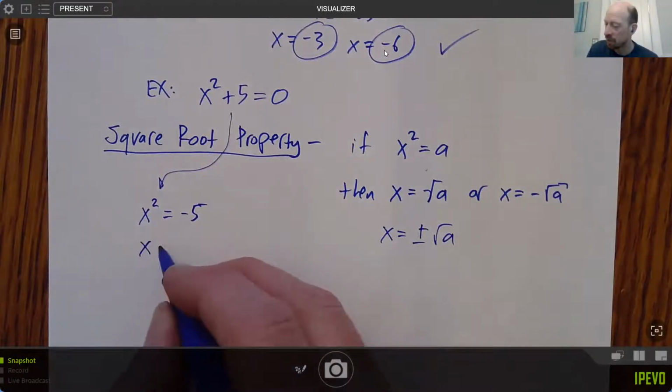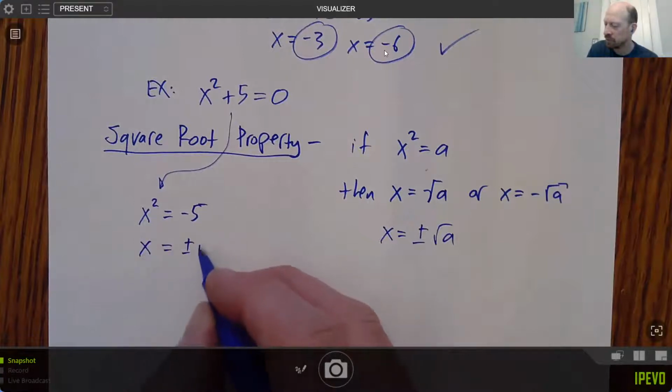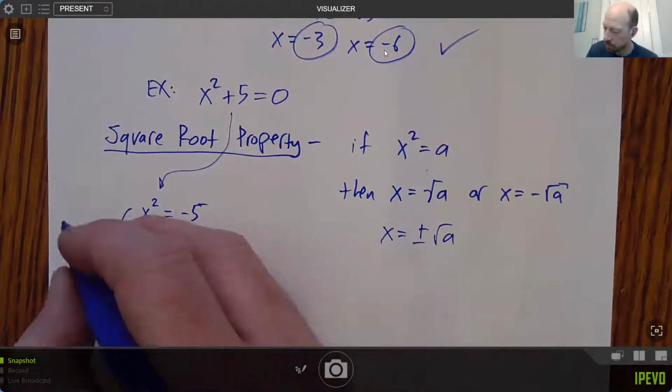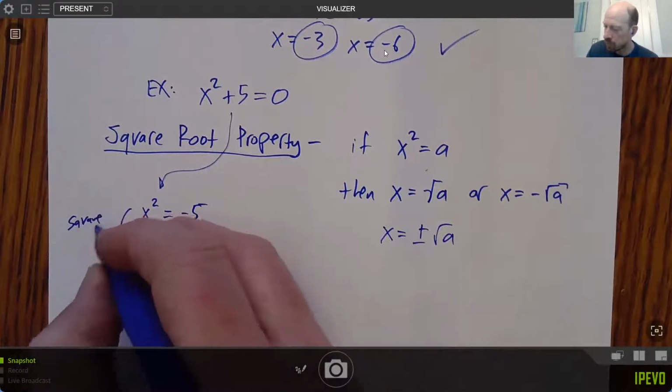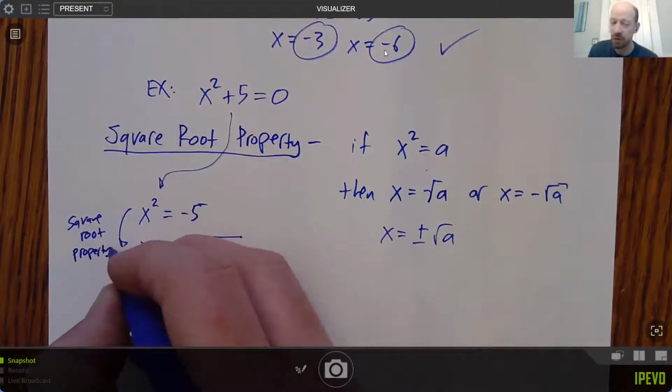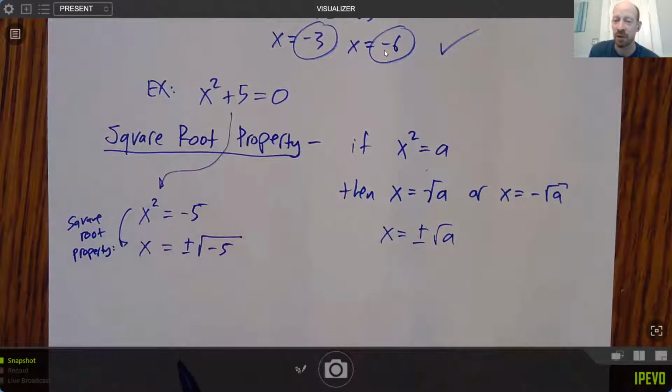The square root property says this is plus or minus the square root of minus 5. Square root property. You don't have to write that every time. After you get in the right rhythm, you'll just do it naturally.